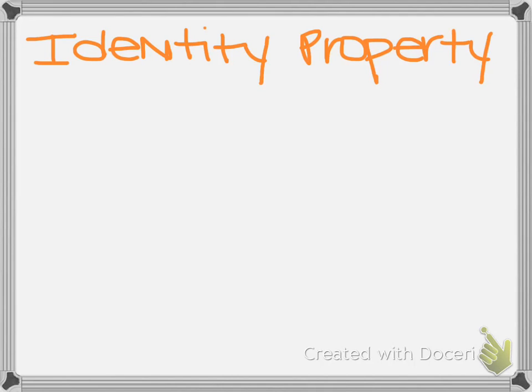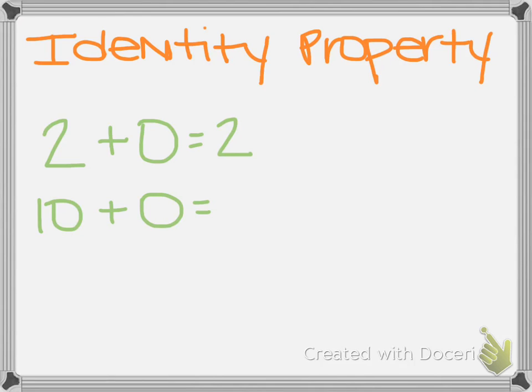So let's look at addition. 2 plus 0 equals 2. When you add 0 to any number, it keeps its identity. It doesn't change. Look, we can look at another example. 10 plus 0. It still equals 10. No matter what, in addition, if I add a 0, the first add-in is going to keep its identity.